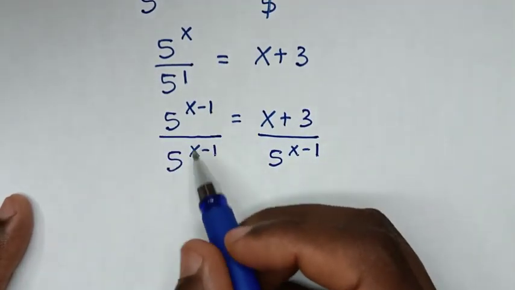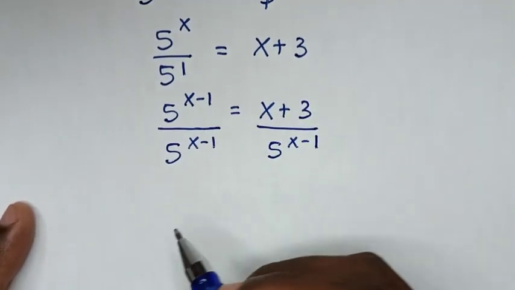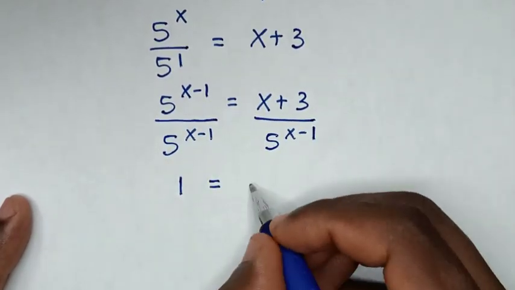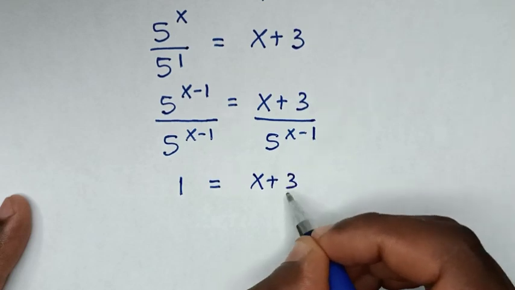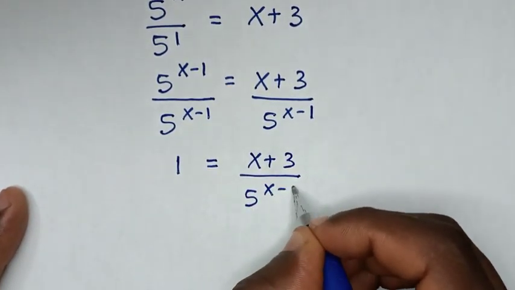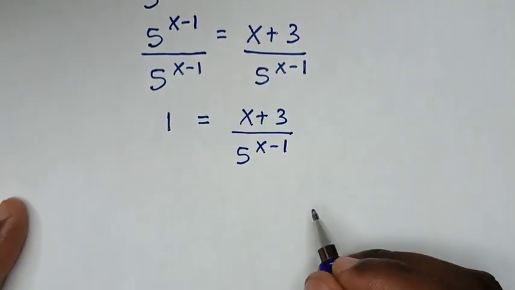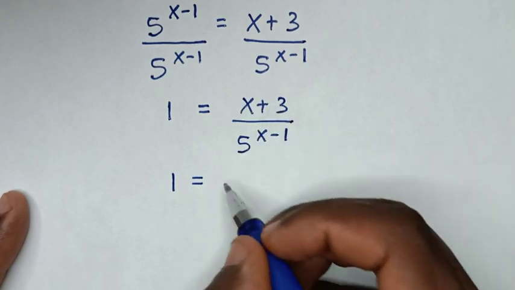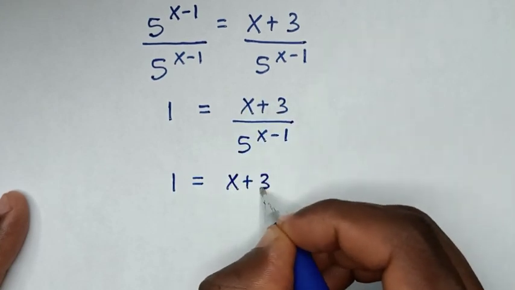So 5^(x−1) divided by 5^(x−1) is 1, which is equal to this over this, so (x + 3) over 5^(x−1). Then in the next step it will be 1 equal to x + 3 over 5^(x−1).